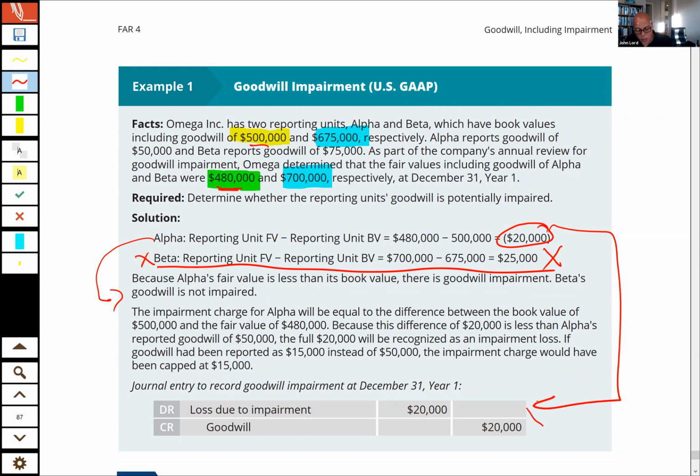So I debit loss due to impairment of 20, and I credit the goodwill for 20, because I'm saying that drop in the fair market value is due to deterioration of the goodwill, and I take that out of the goodwill. And then I would basically stop at that 50. If it falls any more, I do not have any more goodwill left. I would have written off all the goodwill, and there can be no more impairment for the goodwill.